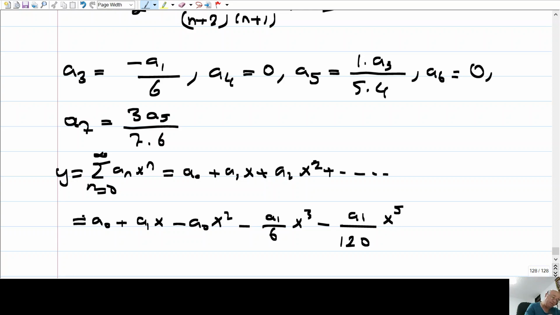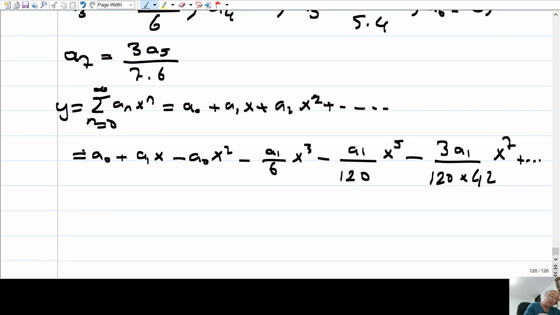and x to the power 5. No x to the power 6 term, x to the power 7, so 3a5. a5 is just this. So it is minus 3a5, a5 is this, a1 over 120 times 42, x to the power 7, and so on.